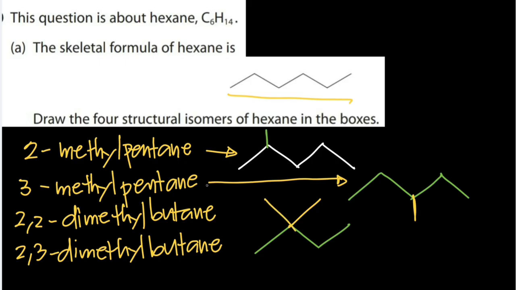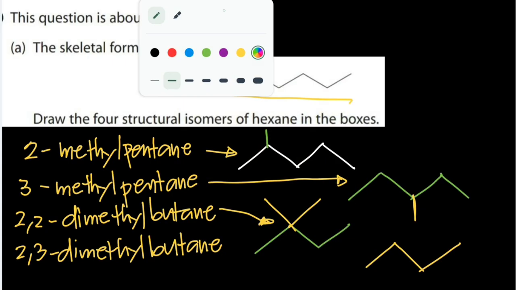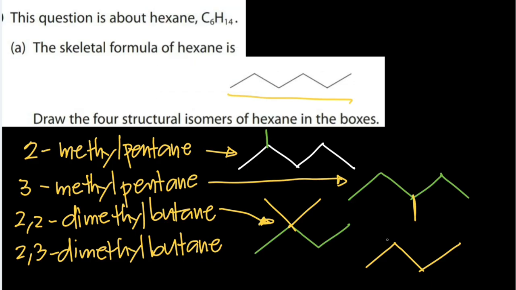So this is for the third isomer. And for the fourth one, we have 2,3-dimethyl butane, 4 carbons, 1, 2, 3, 4. And then the methyls are attached on the second carbon here and on the third carbon. So this one is the skeletal formula of the fourth isomer.